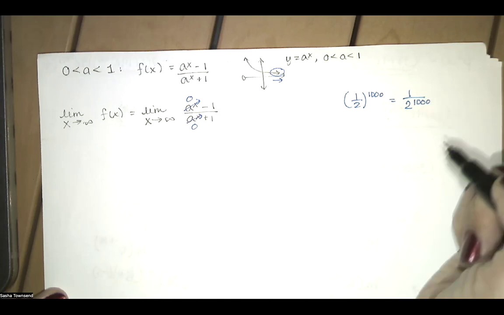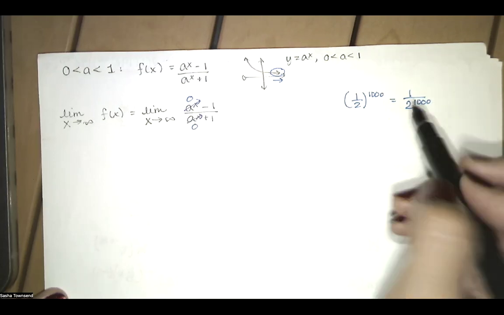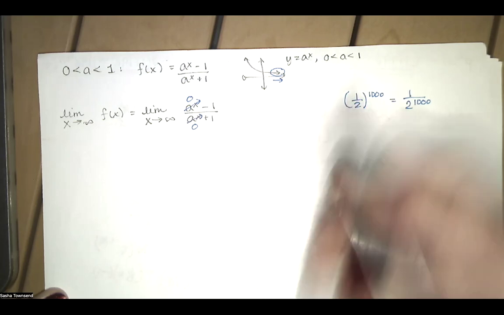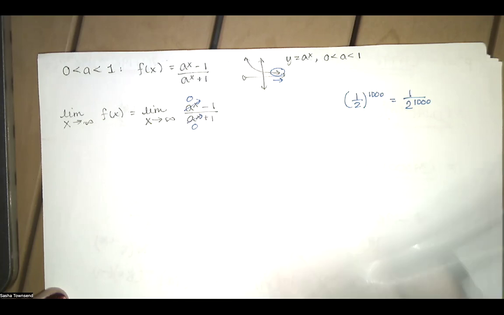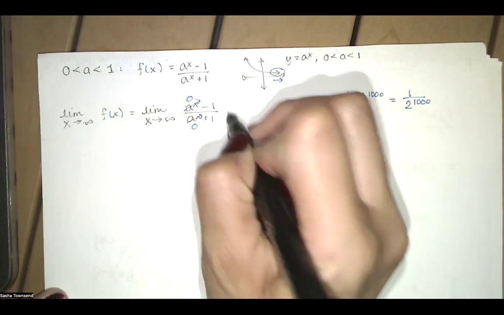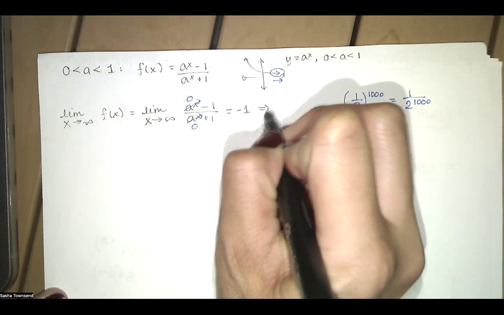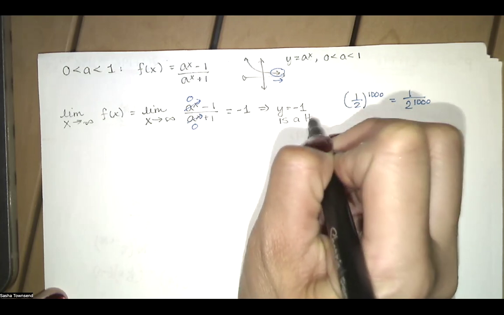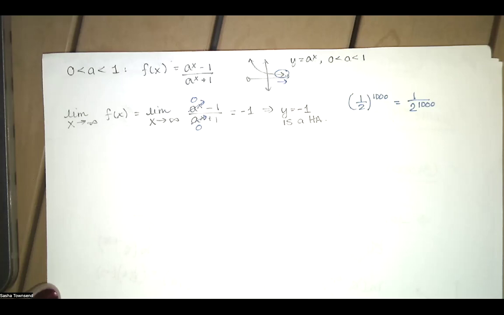So I end up with 1 divided by a very large number, which is a very small number. So this goes to 0 as this exponent gets larger and larger, if this is a proper fraction. So we get 0 minus 1 over 0 plus 1, which is -1. So y equals -1 is a horizontal asymptote of the graph of the function.